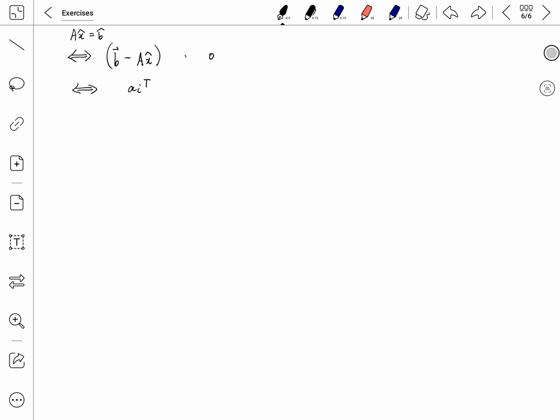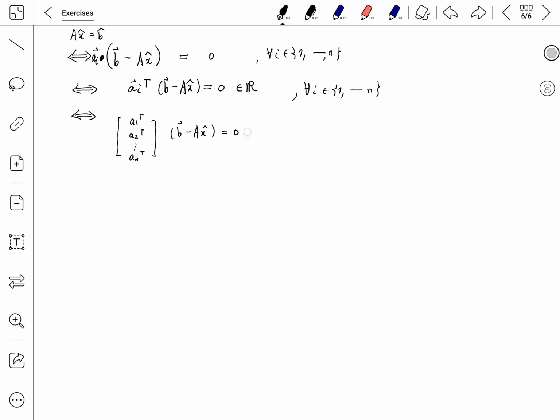So this is equivalent to a1, a2, an transposed times b minus Ax hat equals 0. So this is a 0 vector in Rn.